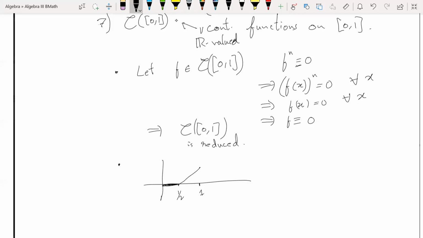So this is a non-zero function, and so f1 and f2, you can write it explicitly. f2 you can take it to be, so maybe you just put 1/3 here, so that you don't even have to worry about much. 1 here, and then you put some function like this. So both are continuous functions.